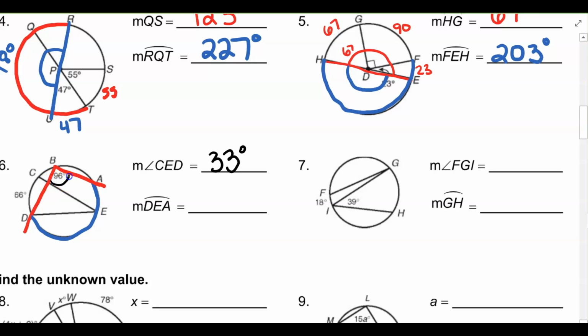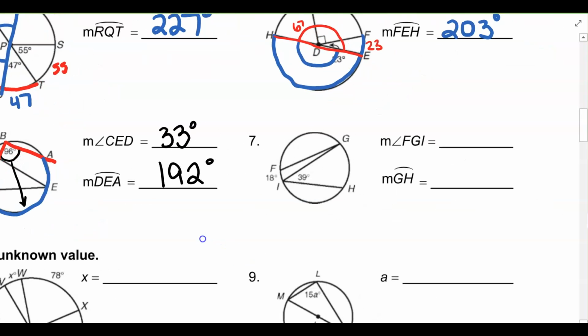If this angle is 96 degrees, then I know this arc is 2 times that. So notice the angle is half of the arc, or the arc is 2 times the angle. That's the relationship. So 96 times 2 gives me an arc measure of 192 degrees.